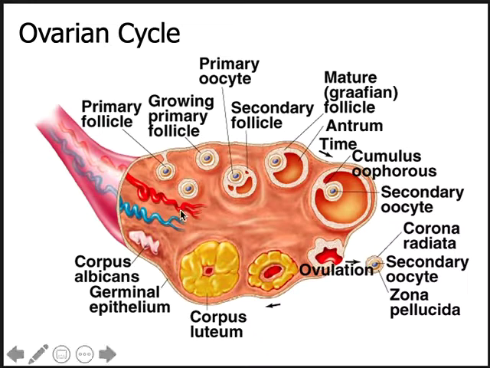Now, we just talked about the steps and development of the follicle, and it's really important that you remember the difference between a primary and a secondary follicle, and the difference between your primary and your secondary oocyte.